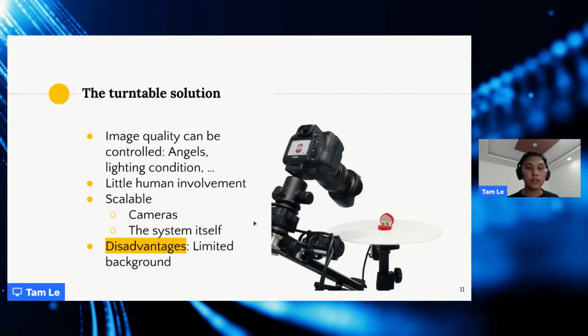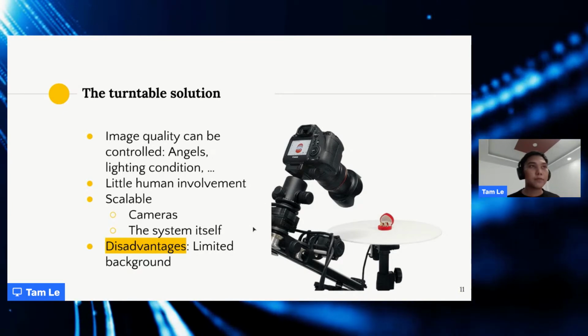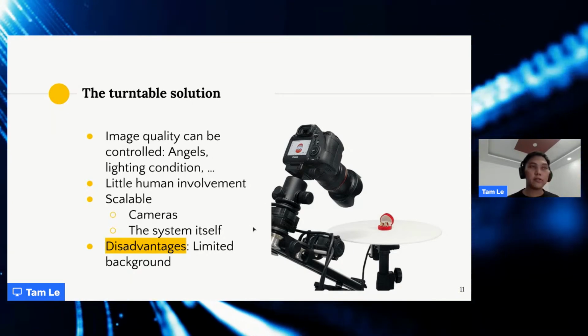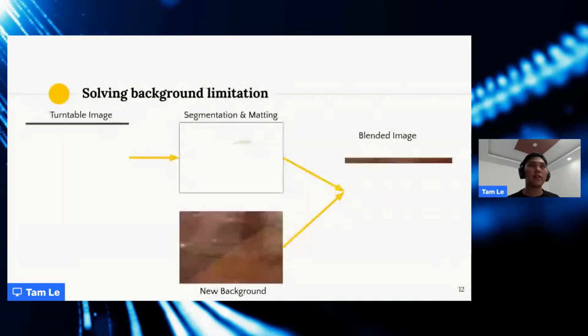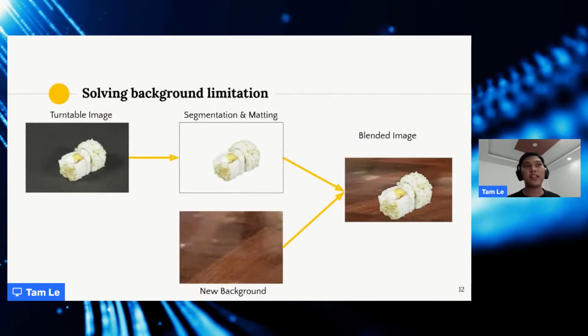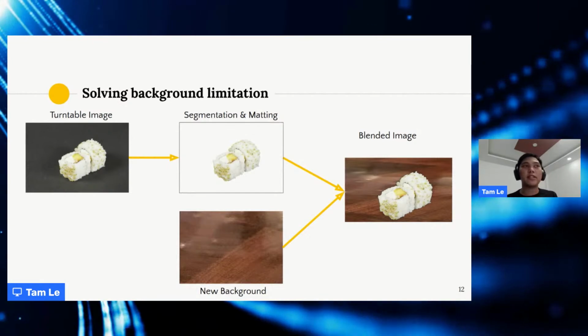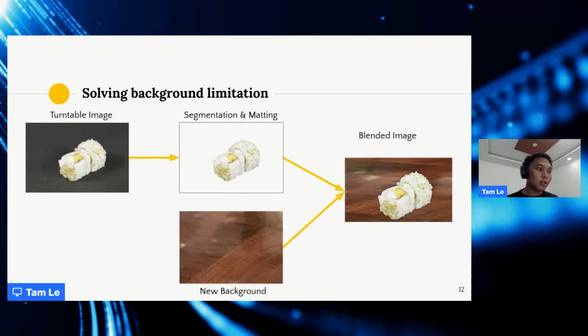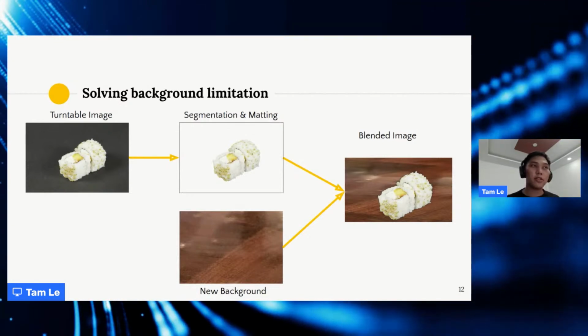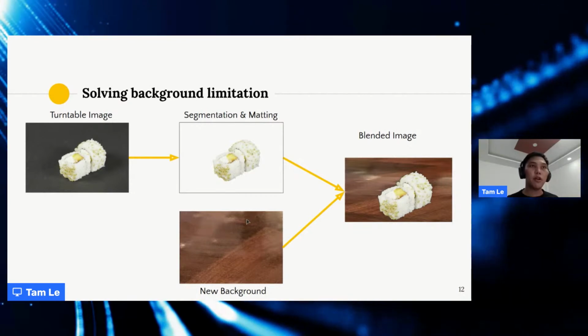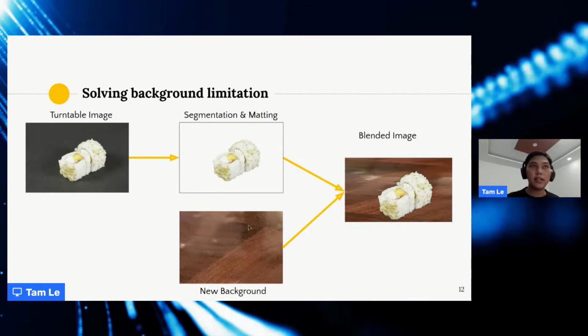So how do we actually solve it? I think this is not a very smart solution. I think anyone can come up with this kind of solution if you have something like segmentation. So what we propose is, from the turntable image, we do the segmentation and the mapping.